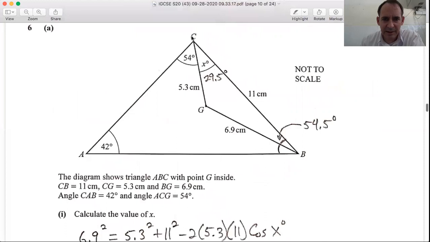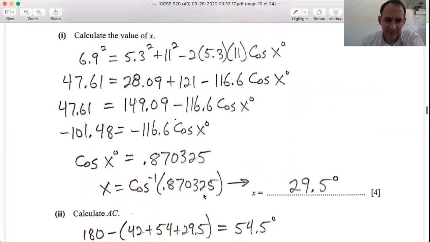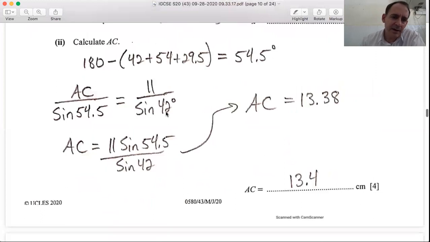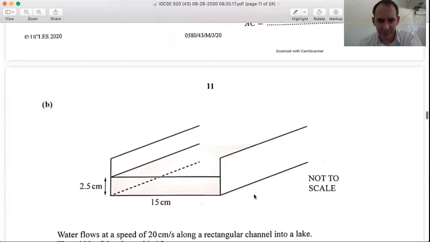So the length AC that we're trying to find is opposite this 54.5. And what we're solving for is AC, so just multiply the sine 54.5 to the other side. Simplify all this on your calculator. Make sure your calculator is in degree mode, and you get AC equals 13.38 or 13.4 to 3 significant figures.